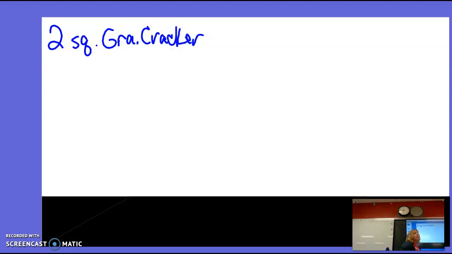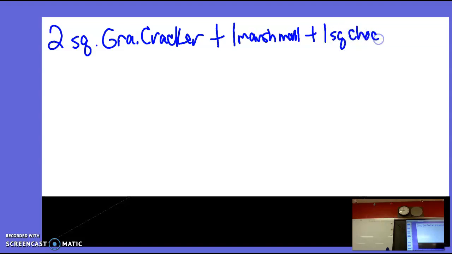My recipe for making a s'more: 2 squares of graham cracker, 1 marshmallow, and I know some people like to double up that marshmallow.